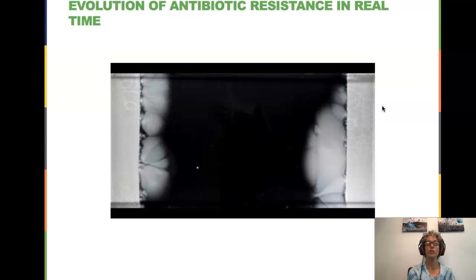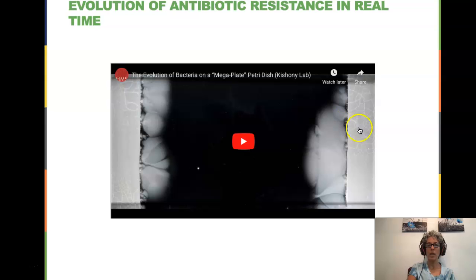This is our evolution of antibiotic resistance in real time.